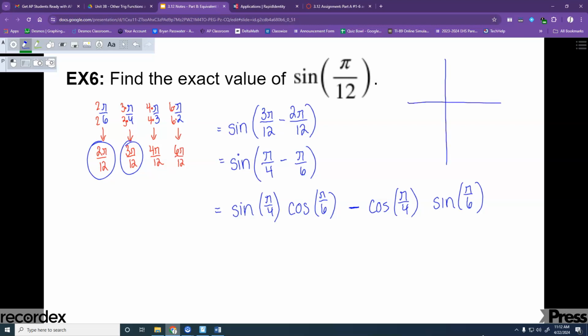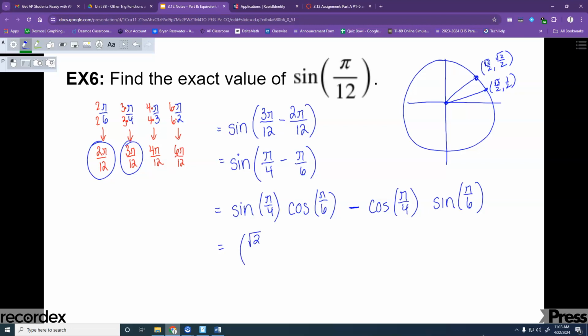Now, all of these values are on the unit circle, so we can figure out what they are. So, at pi over 6, we have square root of 3 over 2, 1/2. And at pi over 4, we've got square root of 2 over 2 and square root of 2 over 2. So now we're just plugging in values from the unit circle. So sine of pi over 4, what is that?